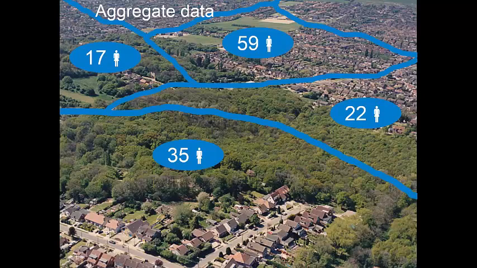Just to try to visually explain aggregate data, if you have the country and you've divided it up into lots of different areas, that's what aggregate data would look like. So you've got 17 people with certain characteristics here versus 35 people with certain characteristics.